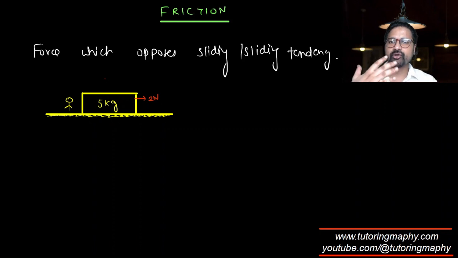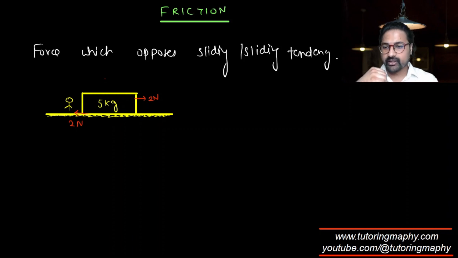A friction of 2 Newton is eventually going to be exerted by the floor on the block in the opposite direction. Since the forces are equal and opposite, the block is not going to move anywhere.